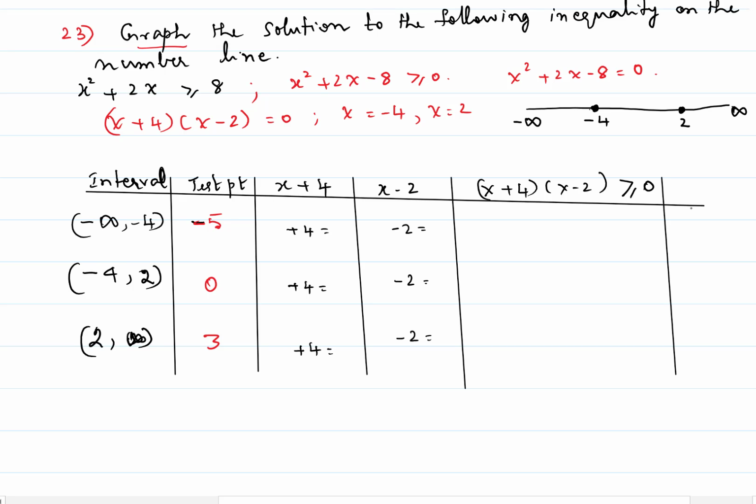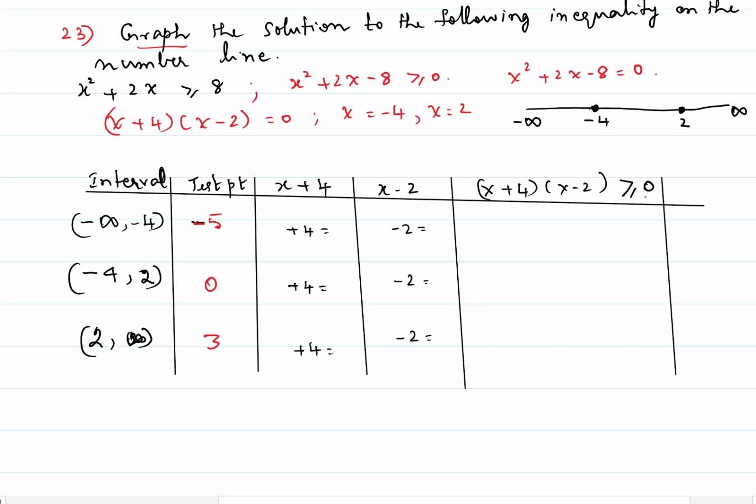So we'll create a table, one column for each of the regions. That's the interval negative infinity to negative 4, then negative 4 to 2, the second interval, and 2 through infinity, the third interval. In each of these intervals we will take a test point and plug it into x plus 4 and x minus 2. And then we will see the sign of the product, x plus 4 times x minus 2.